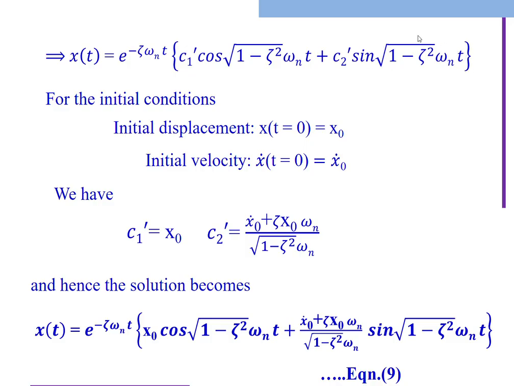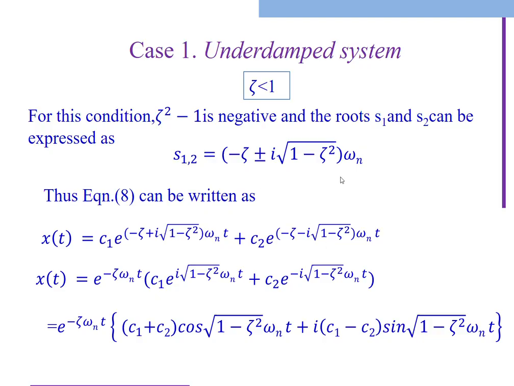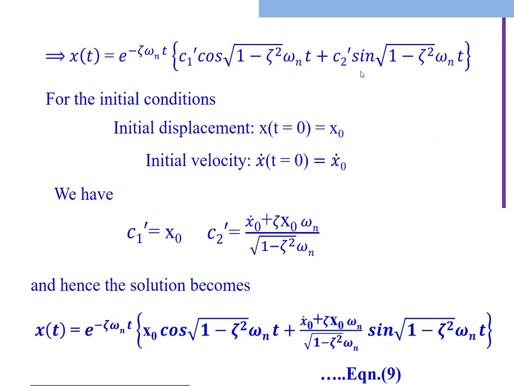We have taken this equation, whereas c1 dash and c2 dash indicate: c1 dash is nothing but c1 plus c2, and c2 dash indicates c1 minus c2. These two parameters remain, and we used to find those two parameters as c1 dash and c2 dash. Okay, after finding them, this is the equation format.